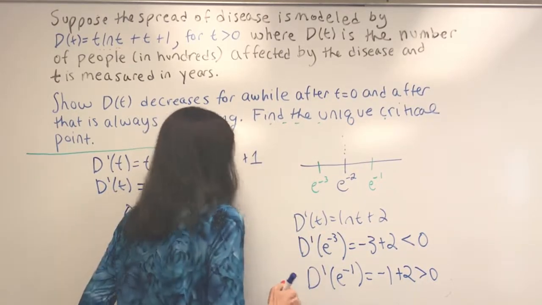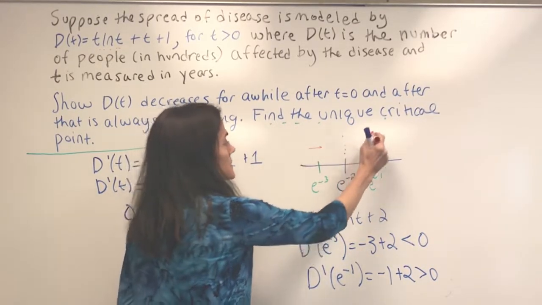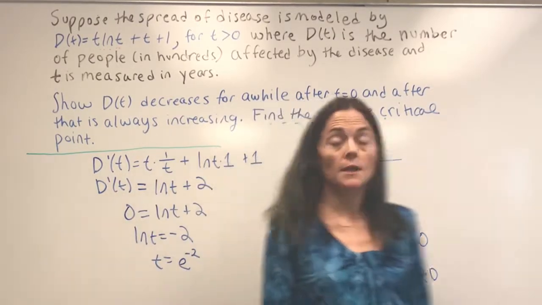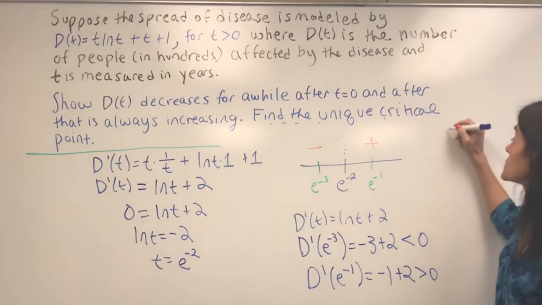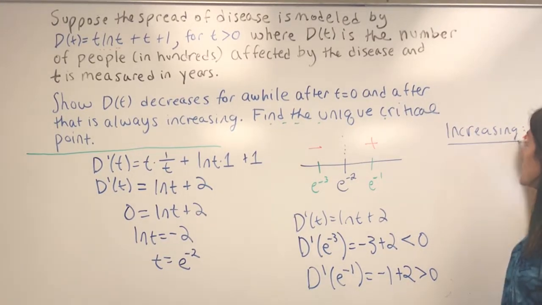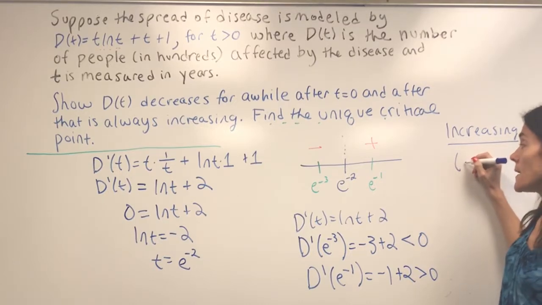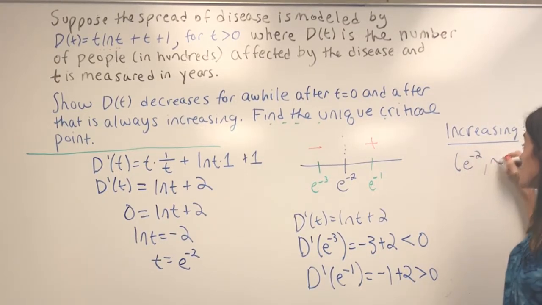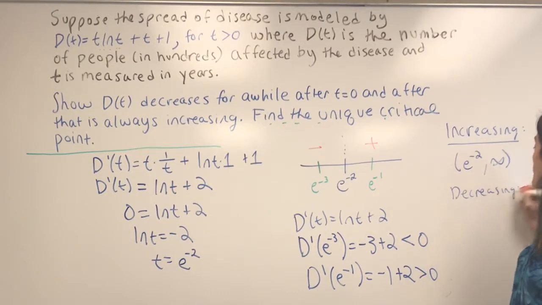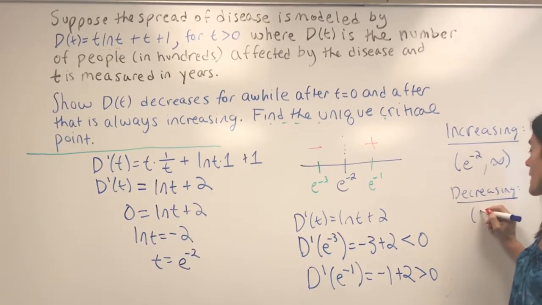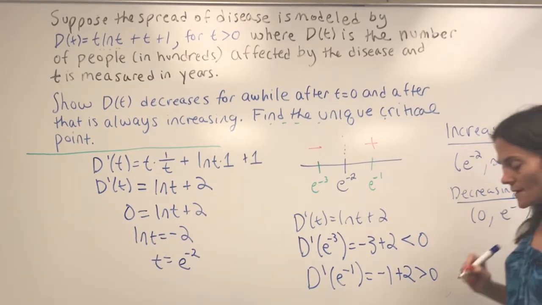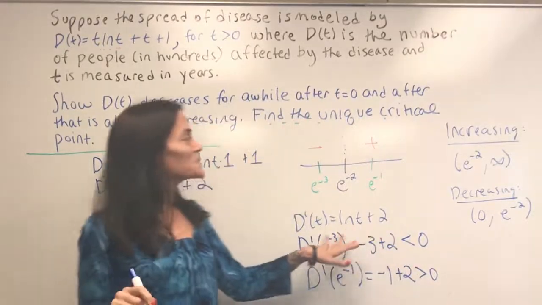So I put minus and plus, and this means that this function is, to finish our statement, increasing from e to the minus 2 to infinity, and it's decreasing from 0 to e to the minus 2. Okay, and that's exactly what we were supposed to show.